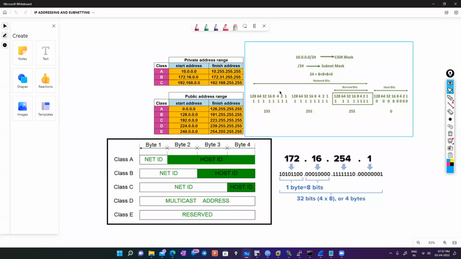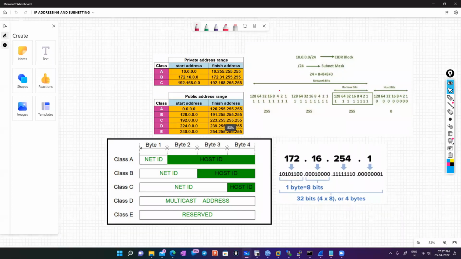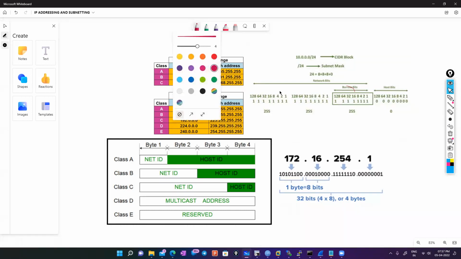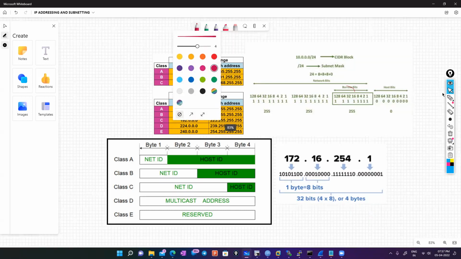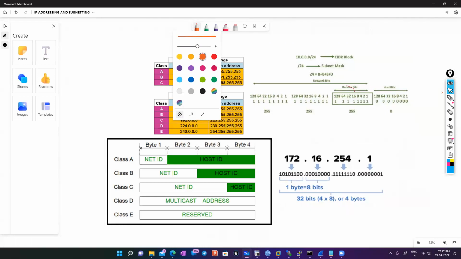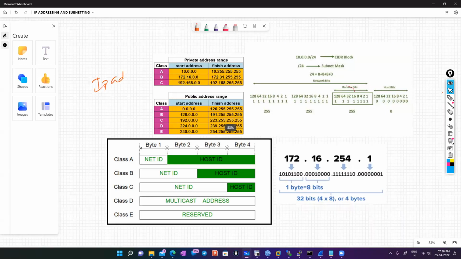That's how you can tell source and destination. If I say this is a source, it should definitely have an IP address as a source. In network terminology, if it is a destination, it should be a valid IP address.